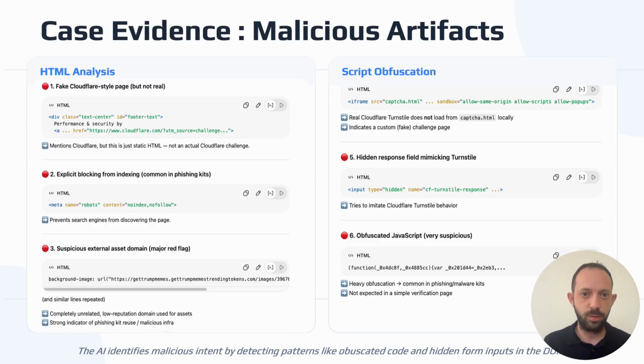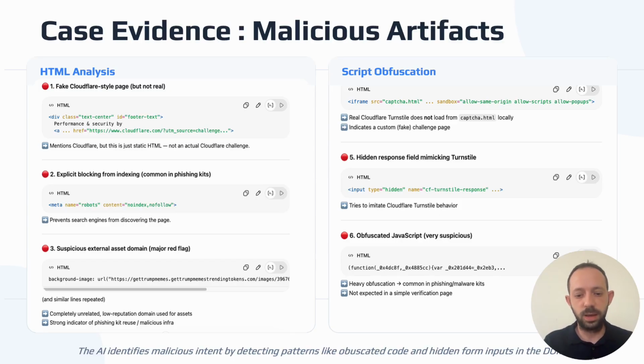Now, I would say that the fourth artifact, on the right side, is the most malicious artifact that we have. What we have there is the fake CAPTCHA implementation, the iframe that loads a local file, the captcha HTML file.